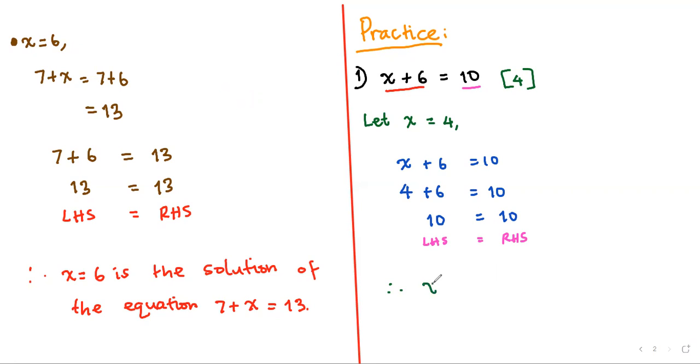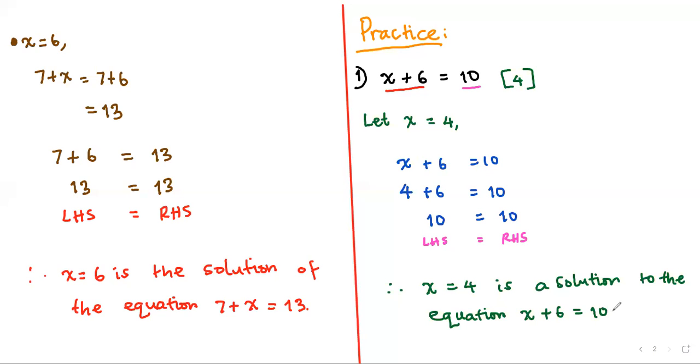So x equals 4 is a solution to the equation x plus 6 equals 10. Is that point okay or not okay? Okay, so that one, we already looked at it.